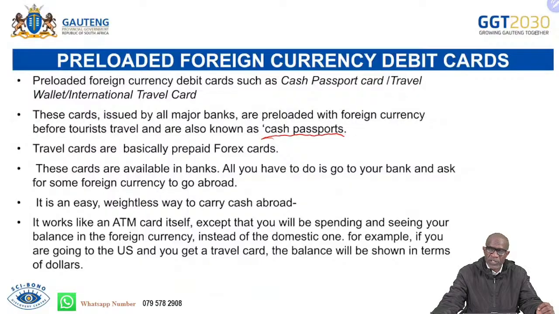That is the preloaded foreign currency debit card. It works like an ATM card itself, except that you will be spending and seeing your balance in foreign currency instead of domestic.